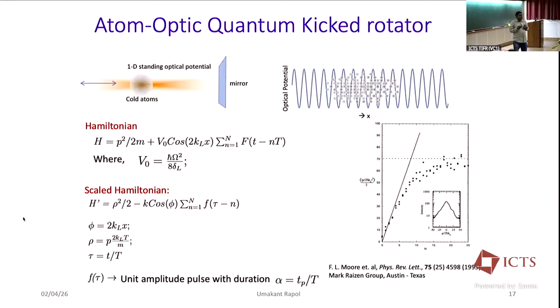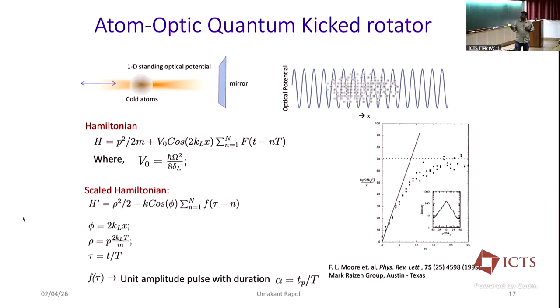And then because of the AC Stark shift, wherever there is an intensity maximum or minimum, depending on which side your light is detuned from the atomic resonances, you can get either a potential maxima or a minima. Now, this system is similar to the kicked rotor that I talked about, where the particle is confined to move in a circle.